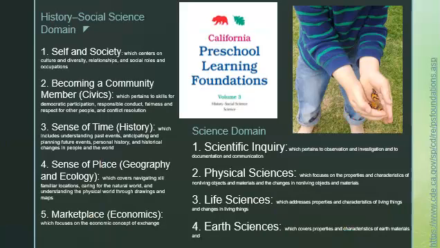In Volume 3, Foundations, we see the symbols of a bear and a leaf. The red bear represents the history, social science domain, which contains concepts on self and society, becoming a community member, gaining a sense of time and a sense of place, and also a little bit of economics through the context of a marketplace.